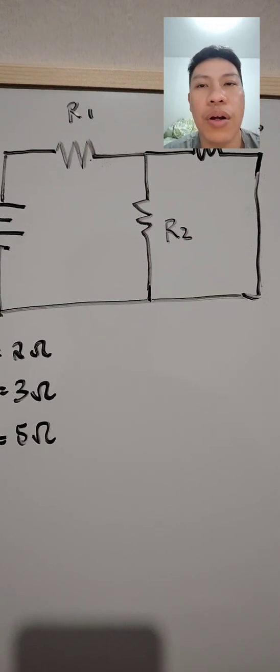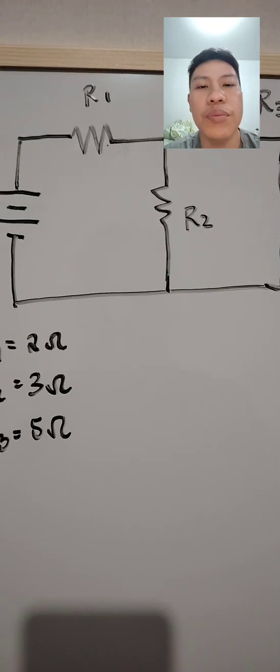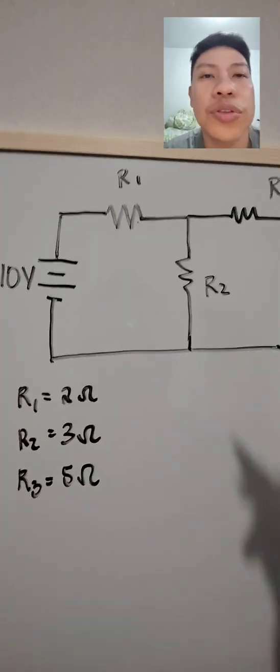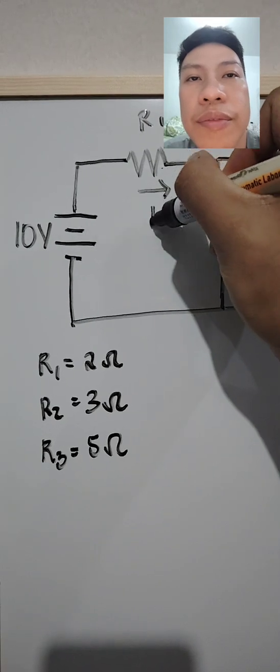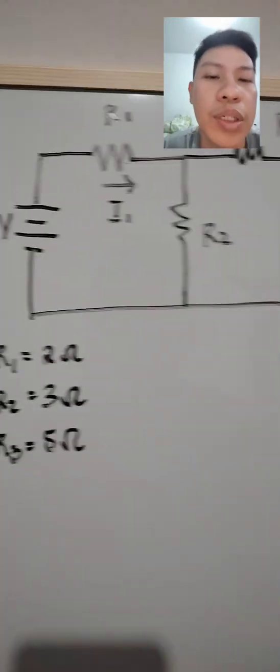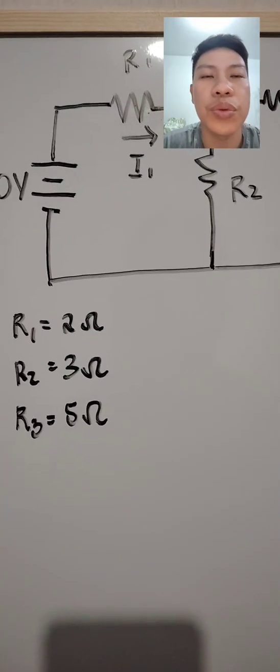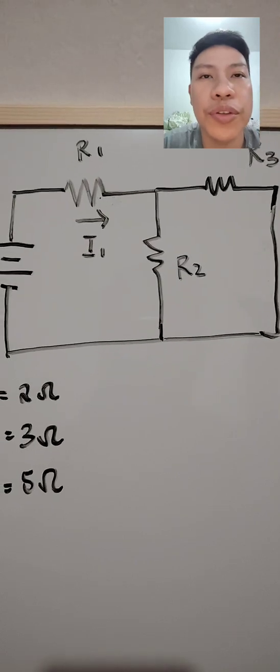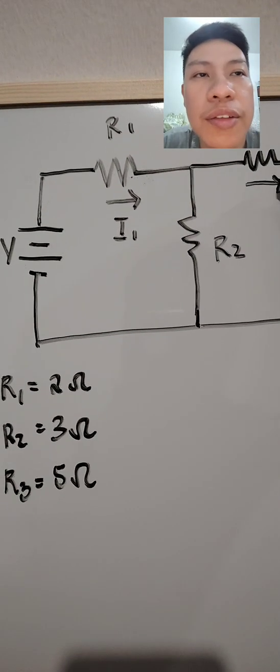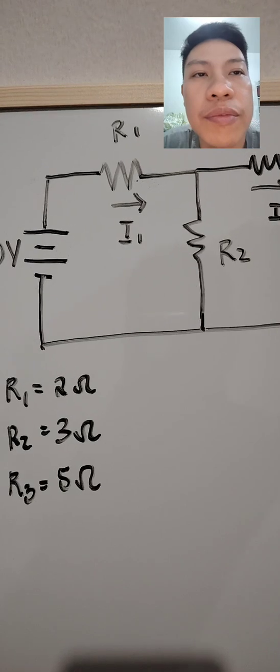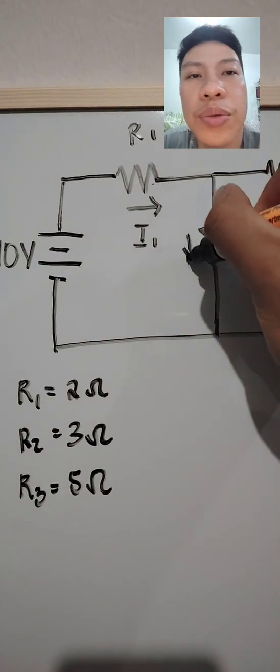So starting with R1 coming out from the voltage source, so this is I1. Because it's R1, we'll label the current flowing through it as I1. And then this is I3. And this is I2.